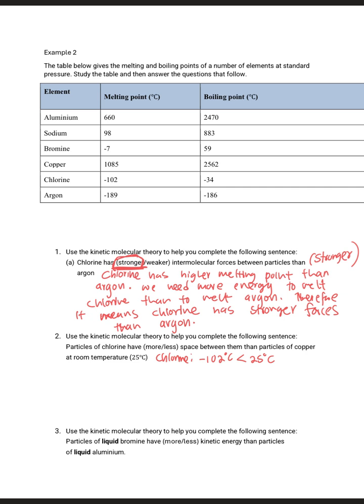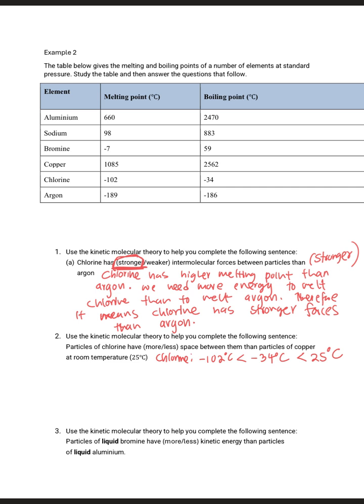And then the boiling point of chlorine is what? It's minus 34. Minus 34 is still below room temperature. So we can see that here we have this situation. The boiling point of chlorine is minus 34 degrees Celsius, and minus 34 degrees Celsius is less than 25 degrees Celsius.